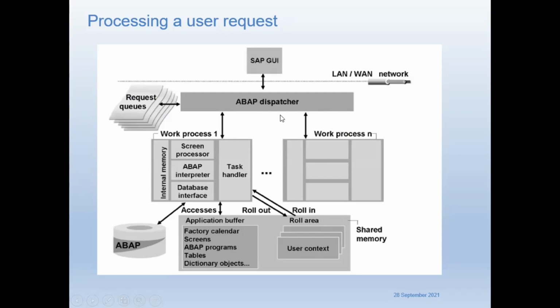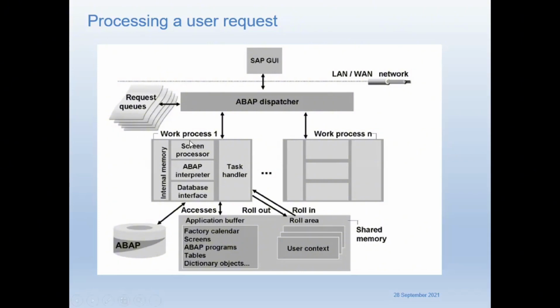If work process 2 is busy, the request goes to work process 3, work process 4. Like that, the minimum number of dialog work processes will be 2, and the maximum number of dialog work processes will be 97. The total number of work processes in one application server would be 100.